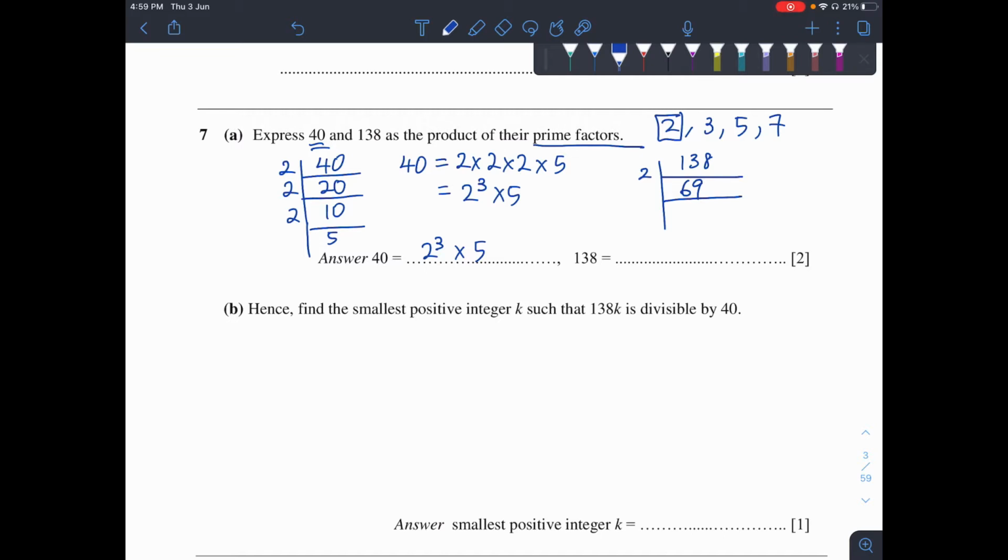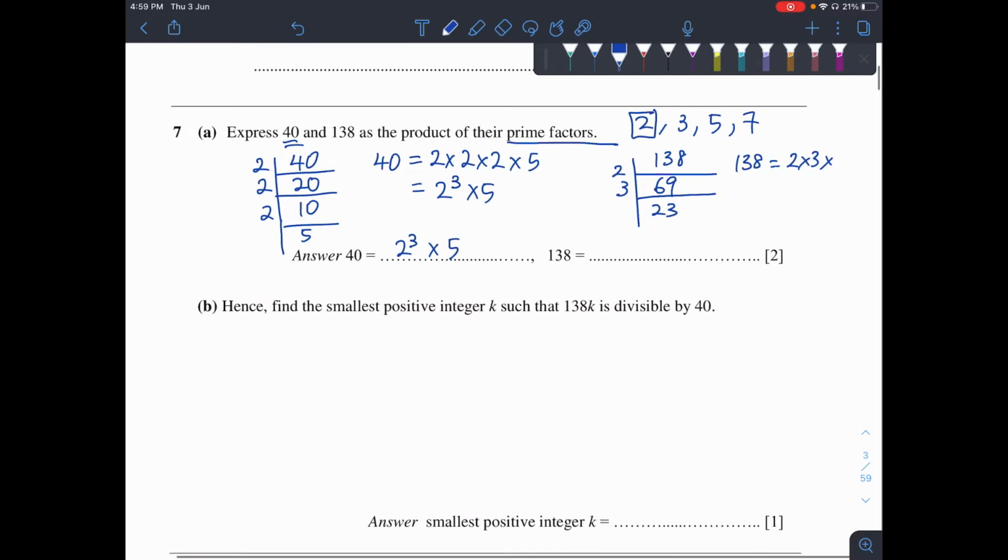And we realize that 69 can be divided by 3. So we put it here. And 69 divided by 3 would give you 23. And 23 is actually a prime number. So we stop there. And 138 would be 2 times 3 times 23. And that would be your answer.